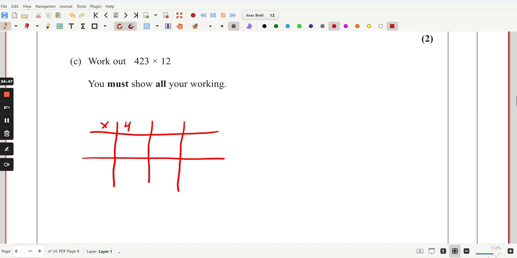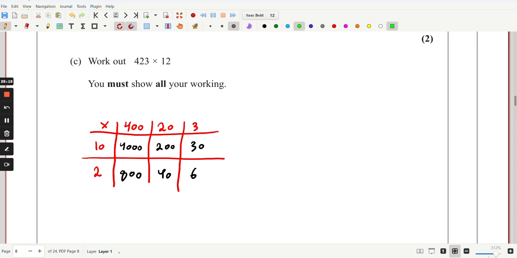We have 400, then we have 20, then we have 3, hundreds, tens, units. Now 10 times 400 is 4,000, 200, 30, then we'll have 800, 40, then we'll have 6.